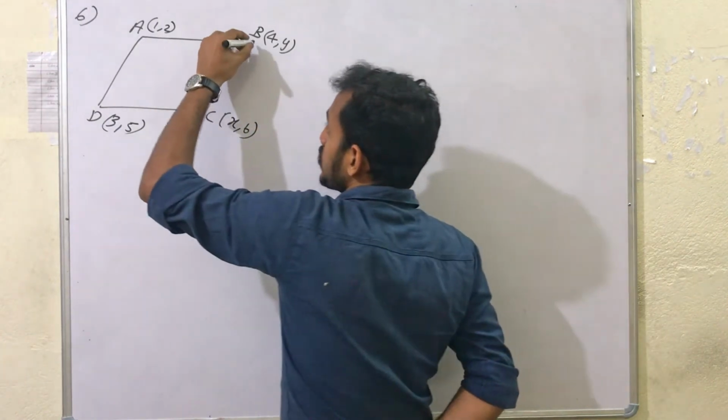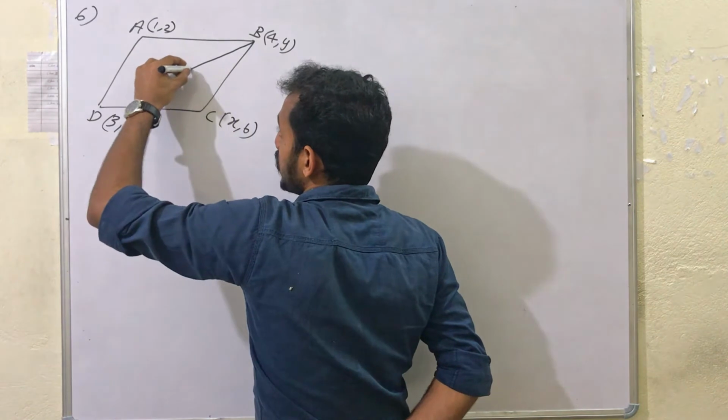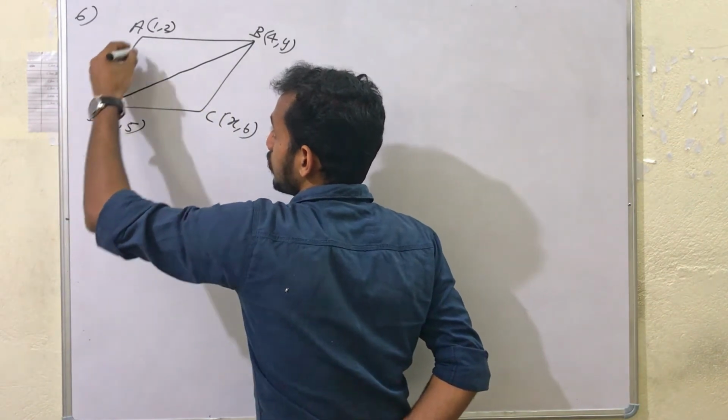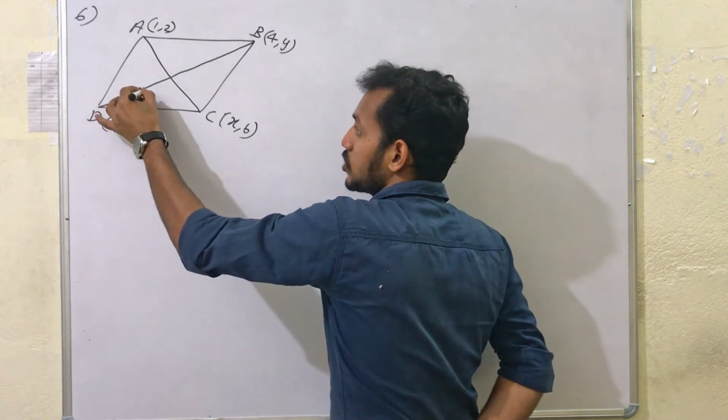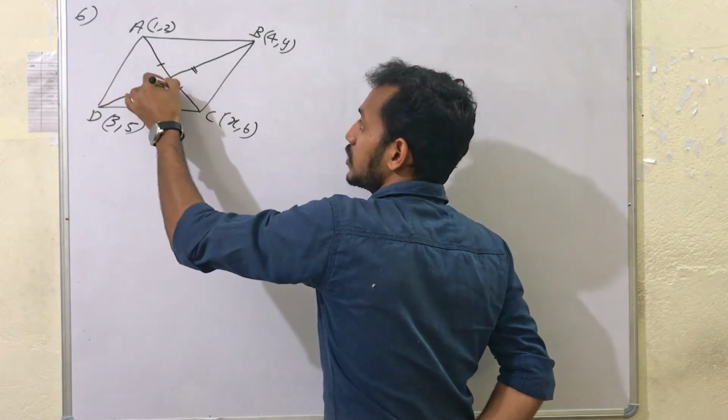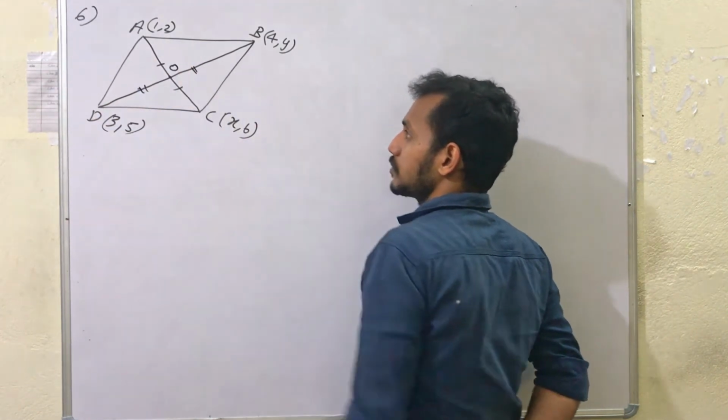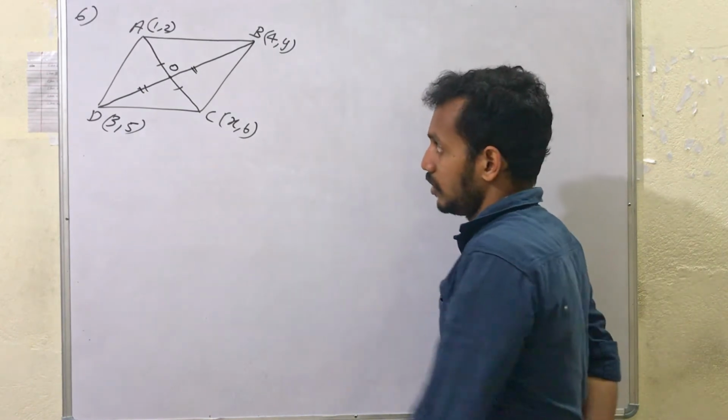So it's better to use the property of the diagonals of a parallelogram. What is the property of the diagonals of a parallelogram? They bisect each other at a point. Clear?